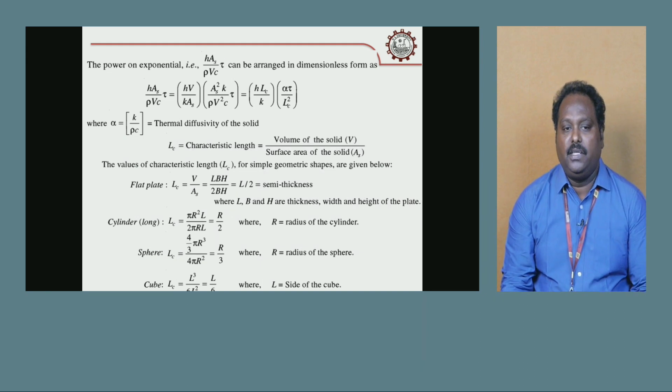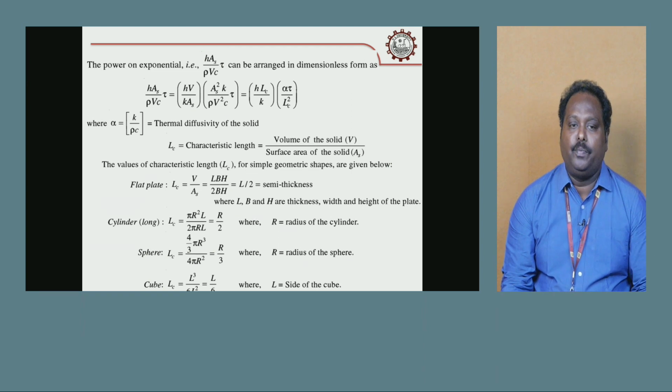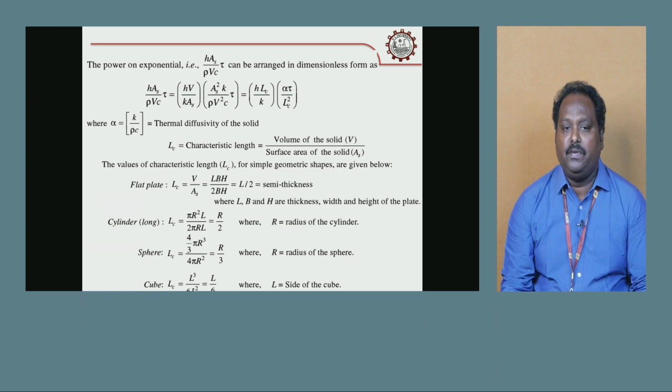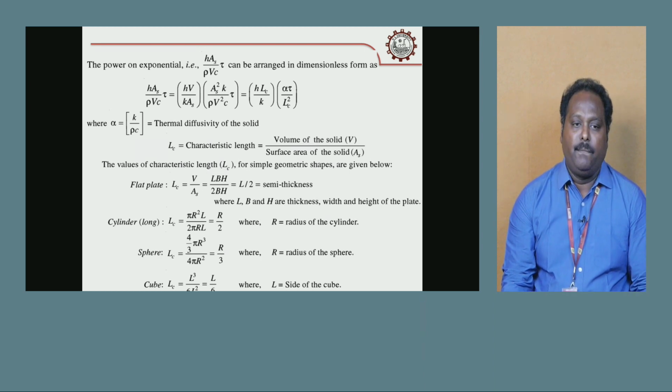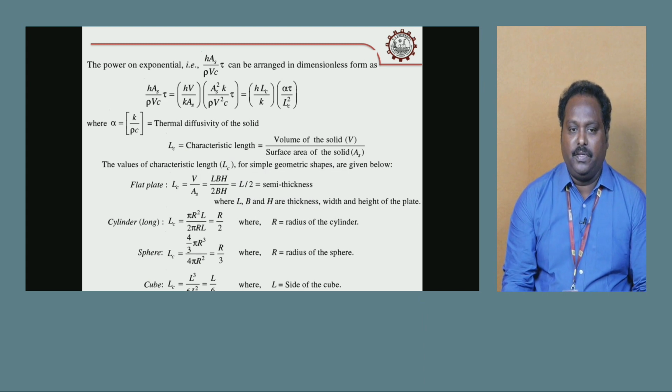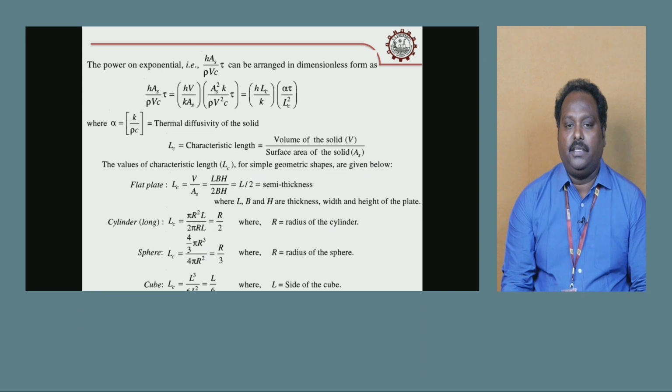For a cylinder, pi r square L is the volume, surface area is 2 pi r L. So when you simplify, R by 2 will come, where R is the radius of the cylinder. For a sphere, characteristic length can be defined as the volume to surface area ratio. Volume of the sphere is 4 by 3 pi r cube, surface area is 4 pi r square, which gives R by 3.